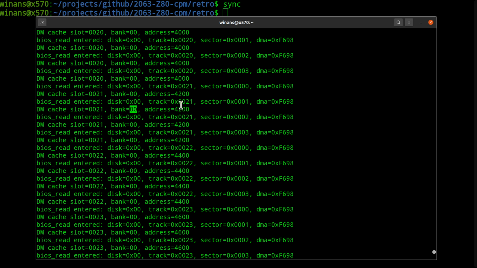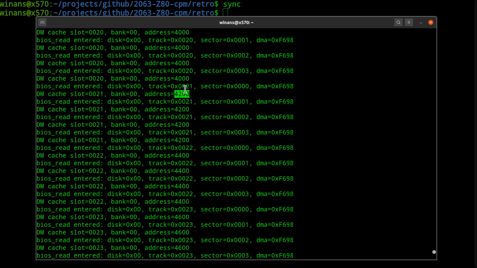The address, every time we go to the next slot in our cache, remember the slots are 512 bytes each. So the first one was at 4,000 hex. The next one has to go up by 512 bytes. 512 in hex is 200.